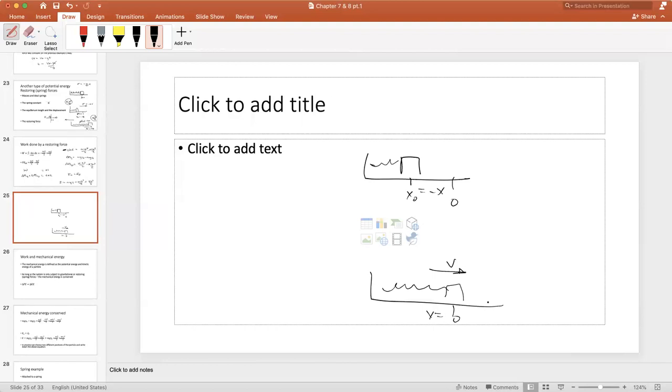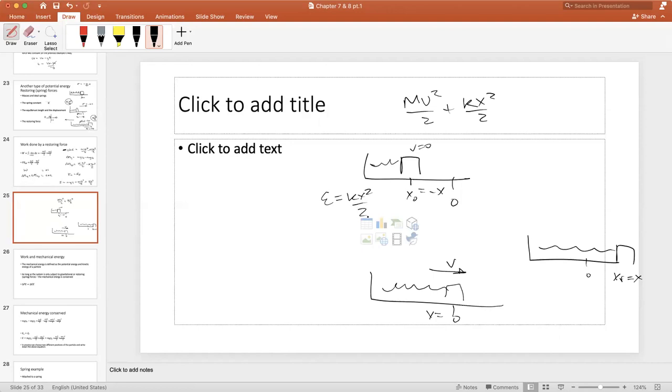And x is now equal to 0. And then finally, it passes 0 and it reaches x final is equal to x. So at each point here, it's going to have mv squared over 2 plus kx squared over 2. Here, v is equal to 0. As it's compressed fully, the energy is kx squared over 2.